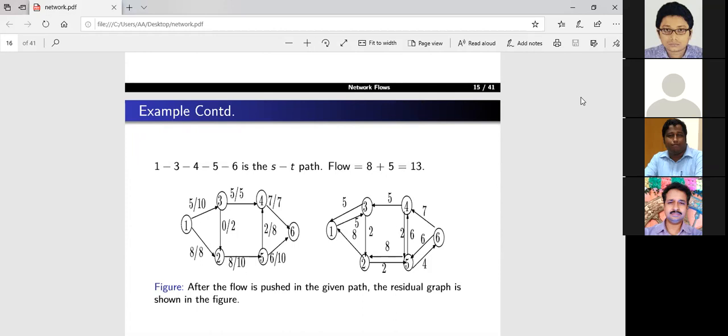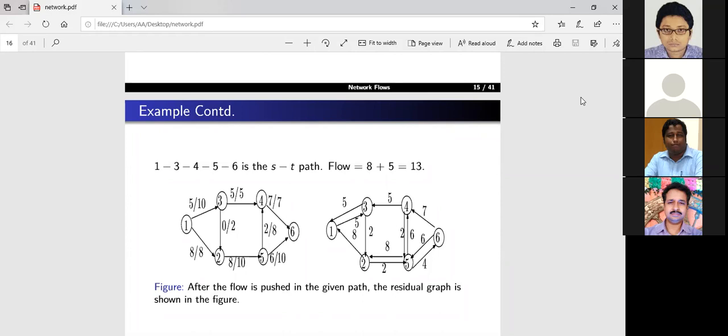Now because of the flow there would be an edge from 4 to 5 in the reverse direction because of the flow from 5 to 4. So there is an edge carrying 2 from 4 to 5, and the remaining capacity, which is 6, is in the forward direction from 5 to 4.